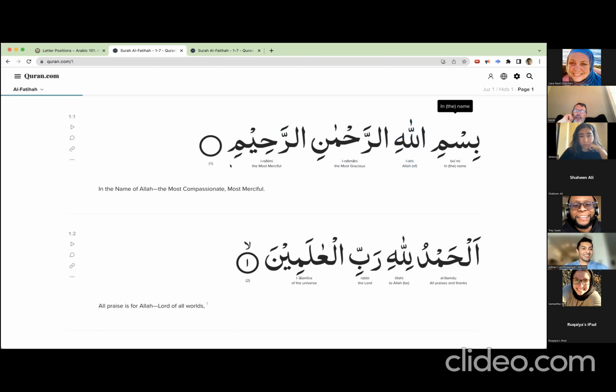Can I point something out as well? If you're just looking at the word Allah on its own, it has a slightly different sound. But because the previous word, bismillah, has the I leading into it, you say bismillah. Because it's starting with the I sound, you say illah.